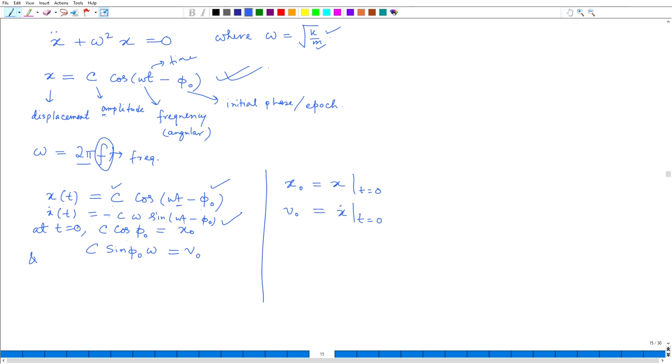Simply from that you utilize the sin square theta plus cos square theta equal to 1 type of identity, which gives you c square equal to x 0 square plus v 0 square by omega square.